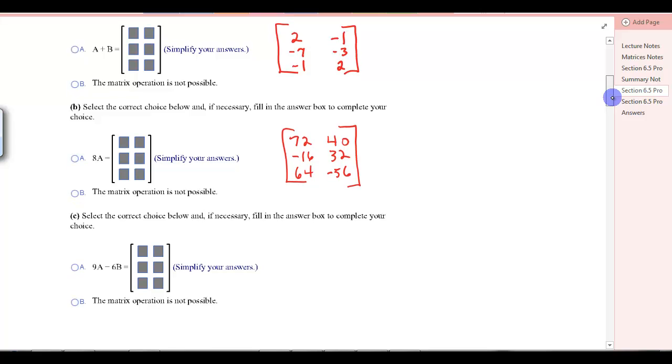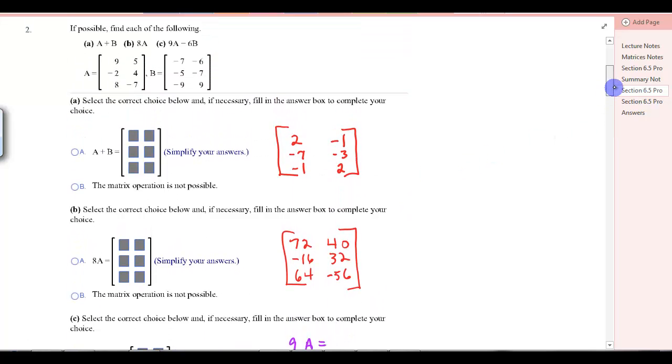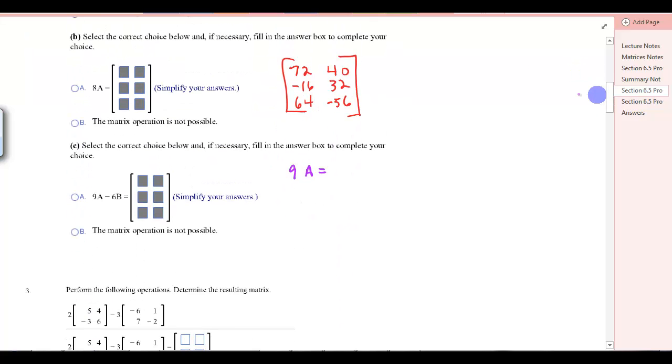All right. And this one says 9A minus 6B. So here's what I would suggest to do. First of all, I would do 9A equals. That means I'm going to multiply 9 times all of these. So we would get 81, 45, -18, 36, 72, and a -63.